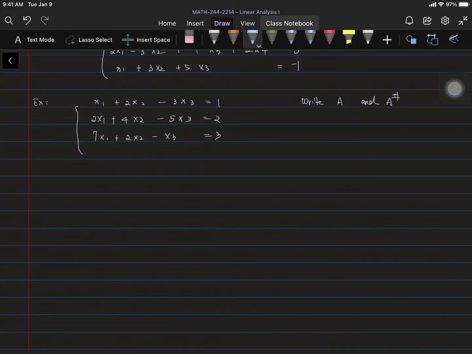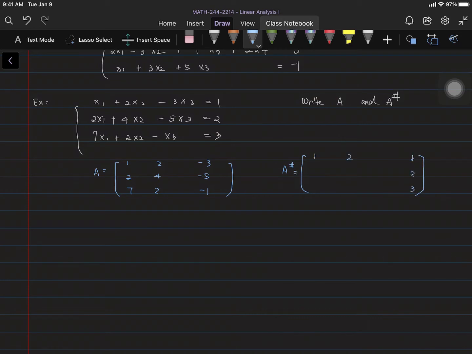This is pretty easy, right? So let's just write down A. A just means we pick the coefficients out. So which is 1, 2, negative 3 in the first row, because we don't include the B for the coefficient matrix, right? 2, 4, 95, 7, 2, 91. That's all. And for the augmented matrix, it's almost the same, but we just add one more column here.